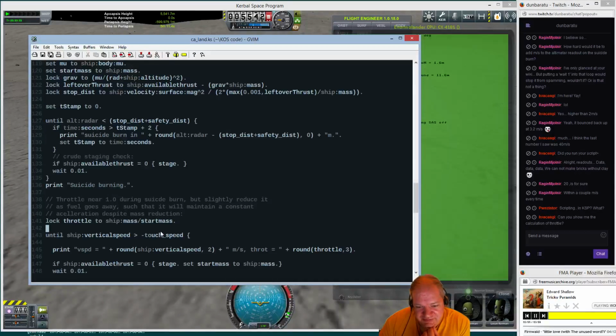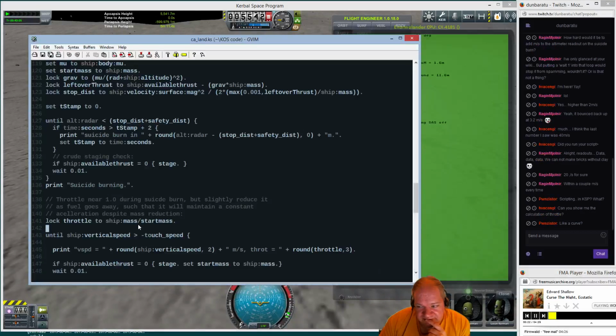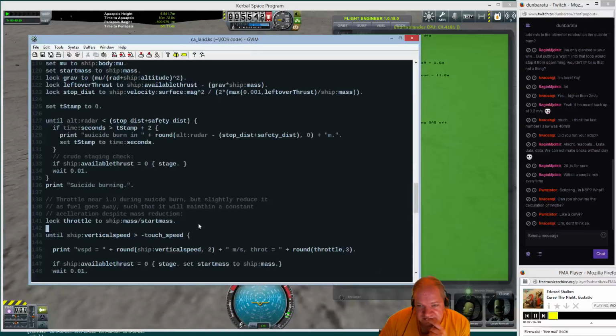So as the mass goes down, the throttle should go down proportionally with it to keep the acceleration the same, or so I thought. So this is 1.0 at first, and then drops just slightly as you go. But I may be thinking that through wrong. Let's try, now that I'm actually printing it.